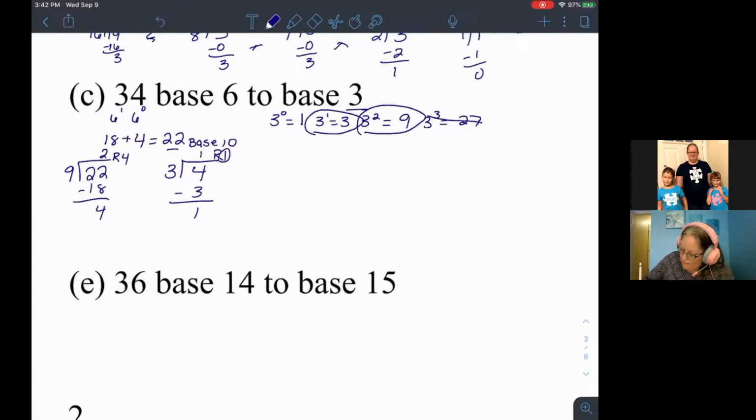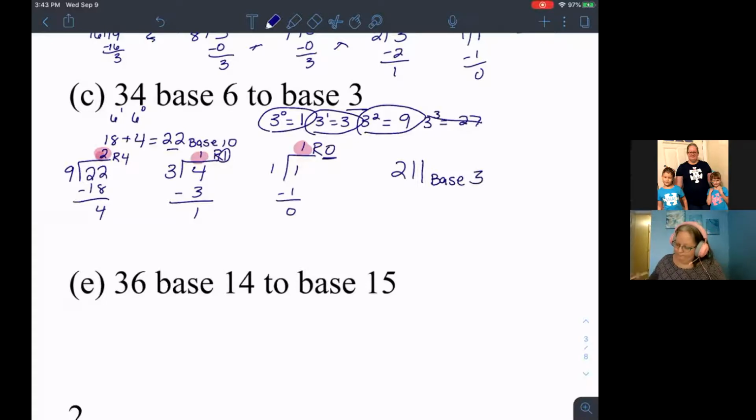We still have this remainder 1, and we're going to divide it by this 1. 1 divided by 1 is 1, remainder 0, which is what we're looking for. So 34 base 6 is equal to our 2, our 1, and our 1. So we have 211 base 3. That is our final answer on that one.